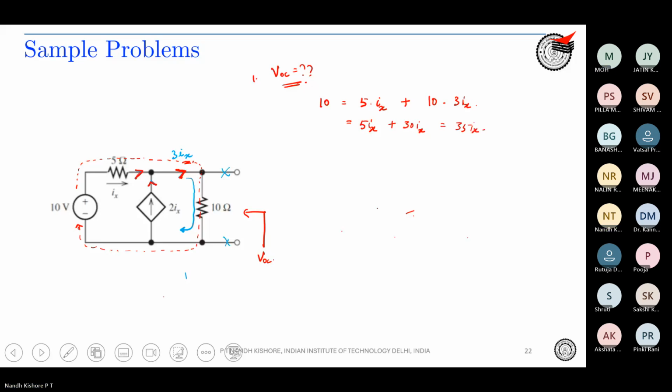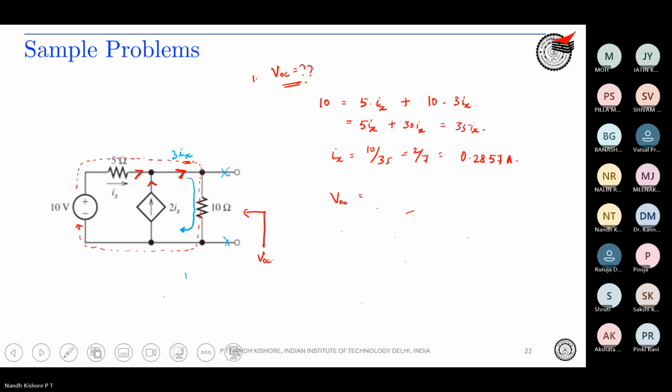So your Ix is 10 by 35, 2 by 7, somewhere around 0.28. 0.2857 amperes is your Ix. Now that we have found Ix, what is your VOC?